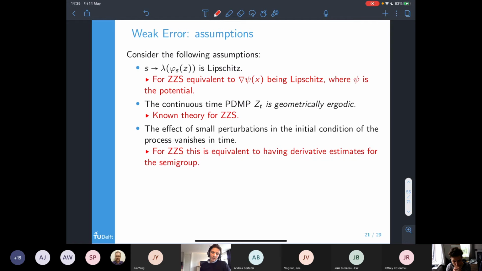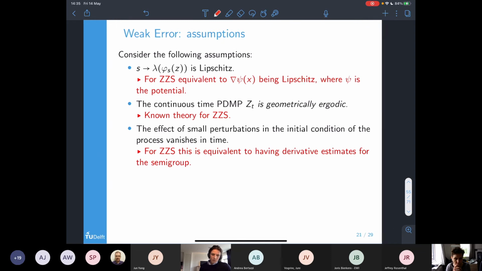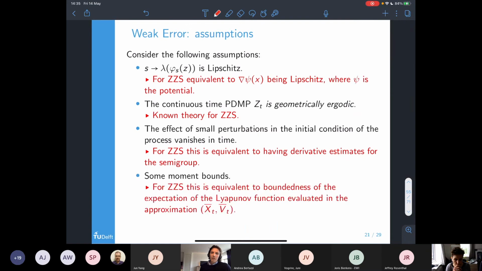A third assumption we need is that the effect of small perturbations in the initial condition of the process vanishes in time. And this for Zig Zag is equivalent to having derivative estimates for the semigroup, which is something that we can show. But still, quite a technical condition. And also another technical condition, some moment bounds.